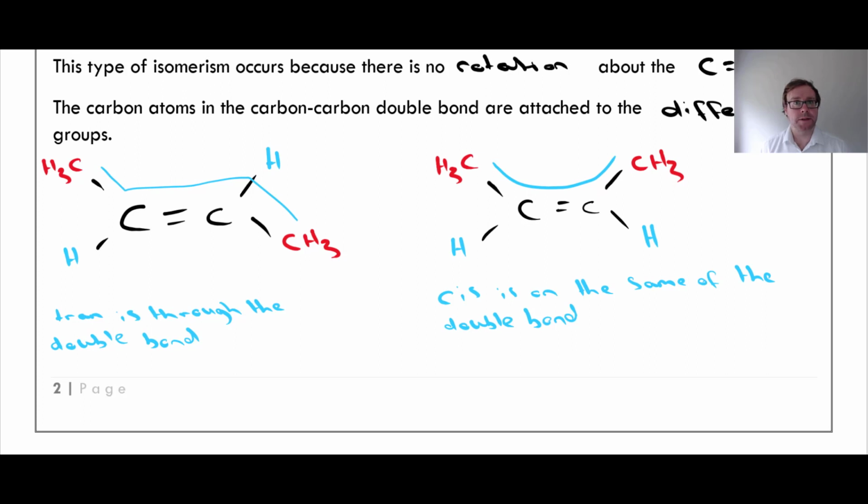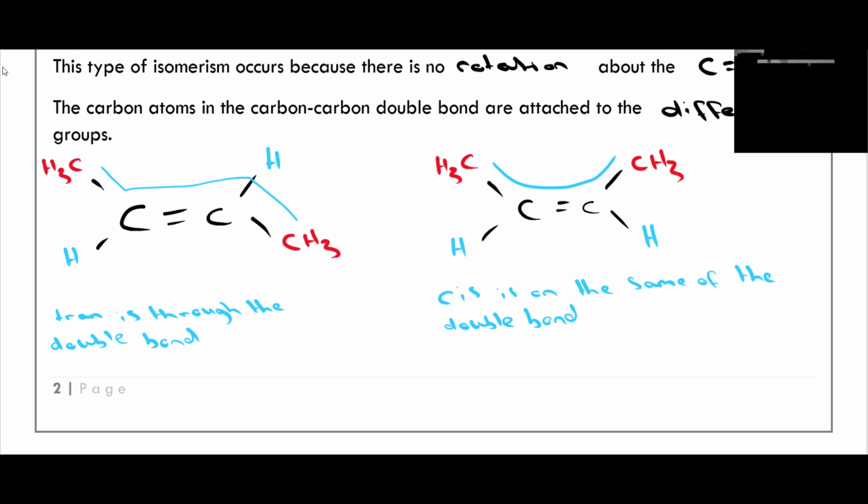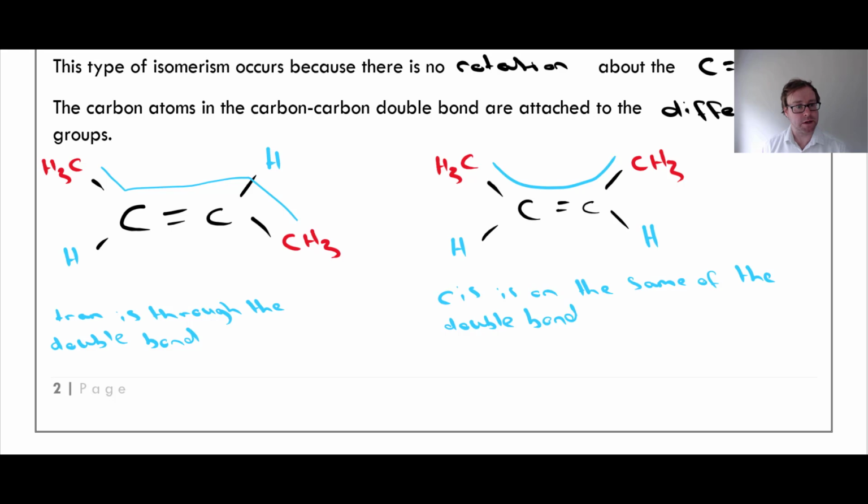I'll give you a couple of minutes. Okay, so I've drawn this in a different way compared to how you usually see it, because it's easier to see the cis-trans. However, if I'm going to name it, my longest carbon chain will be 1, 2, 3, 4, so I know it's but-. The carbon double bond is on the second carbon, butene.